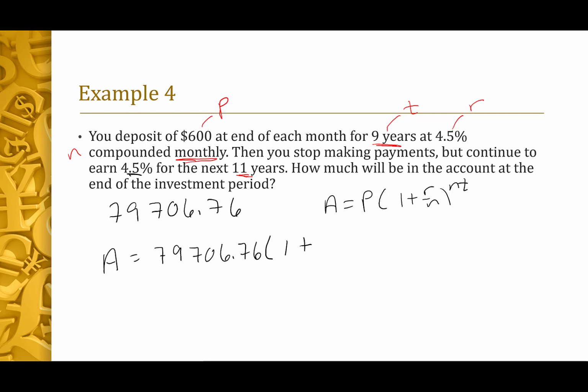We have 1 plus 0.045 over n, that's 12. And we have 11 more years, so this is 11 times 12. To simplify that, I'm going to do 11 times 12 on my calculator. That gives me 132. So I'm going to put in $79,706.76, 1 plus 0.045 over 12 to the 132.